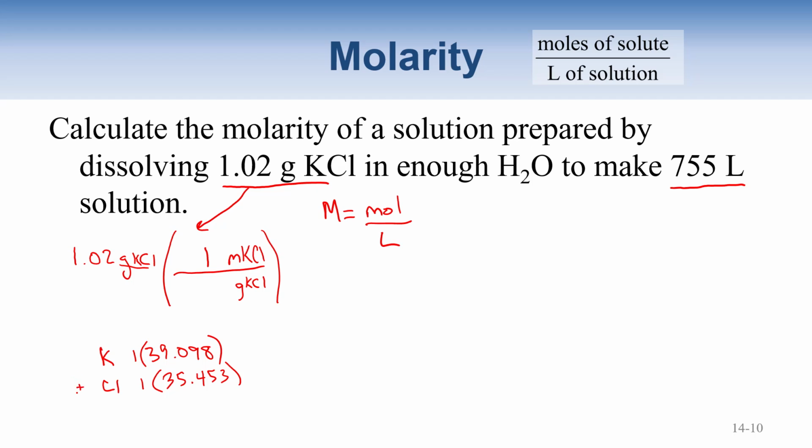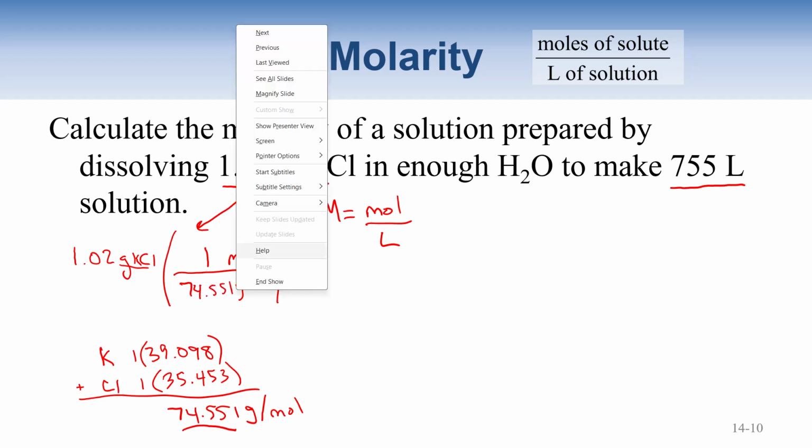We're going to add those up. 39.098 plus 35.453 equals 74.551. And that's grams per 1 mole. So now we can put this number in here, 74.551.